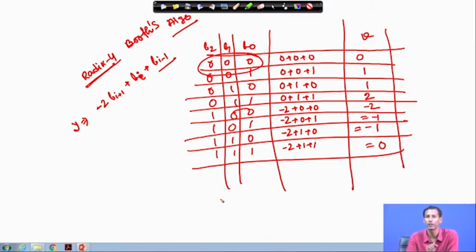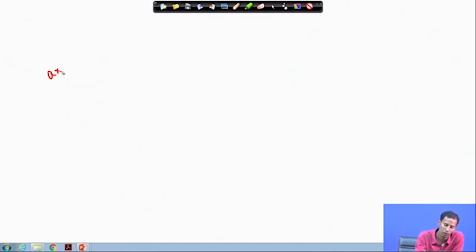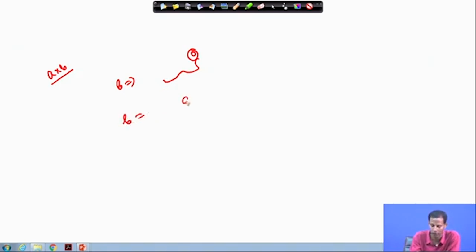Now, we have taken one example. Suppose I need to compute a into b. For b, at the very end I have to add a 0, and then consider the corresponding 3 bits. Suppose b is b3, b2, b1, b0, I have to append another 0.